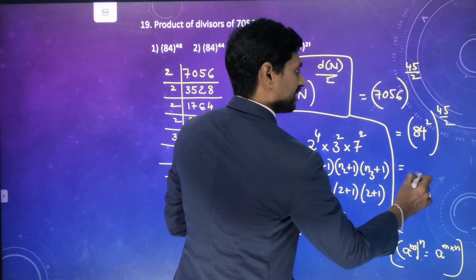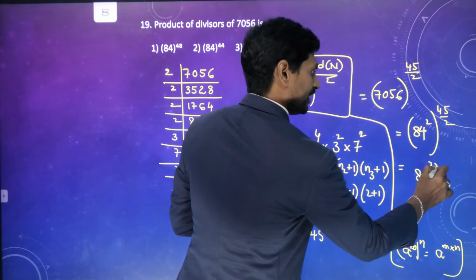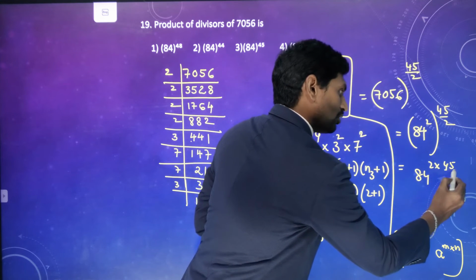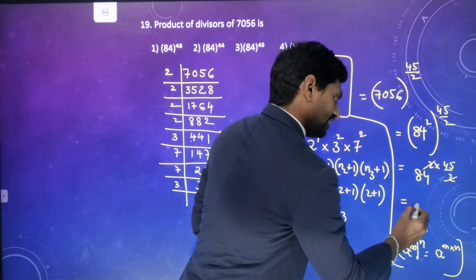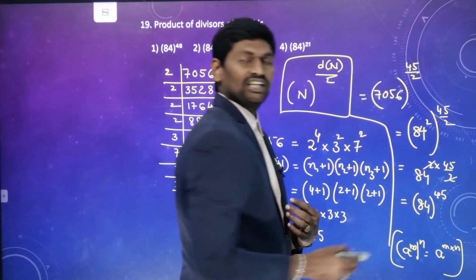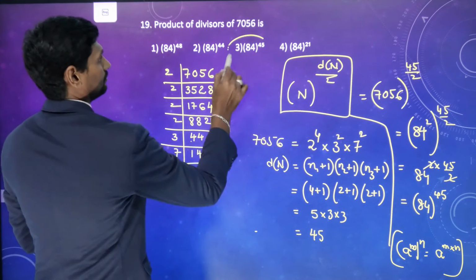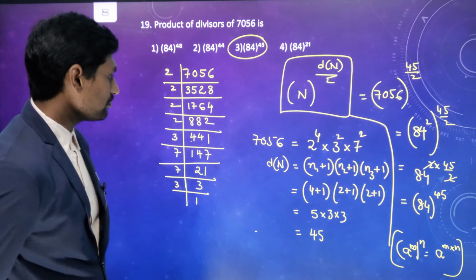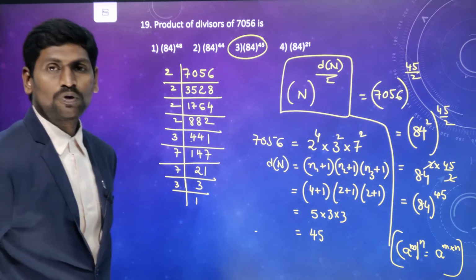We applied here 84 power 2 into 45 by 2. So numerator to denominator to cancel. So we have remains only 45. It is nothing but 84 power 45. Okay? This is the process we should follow.